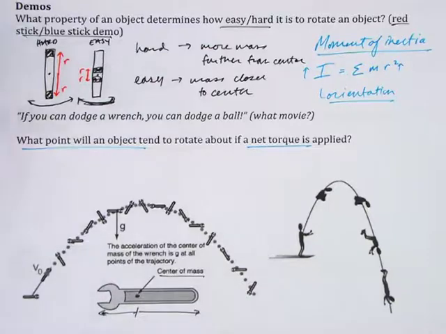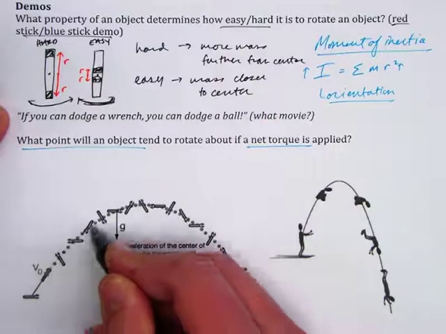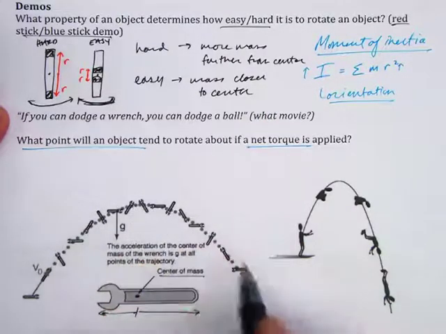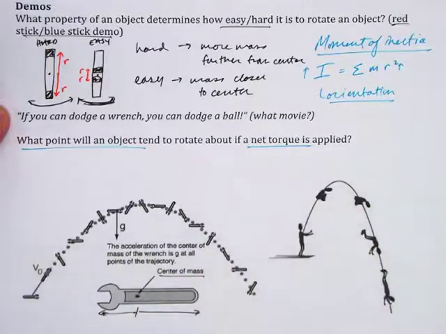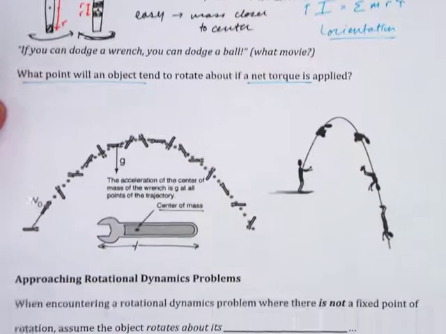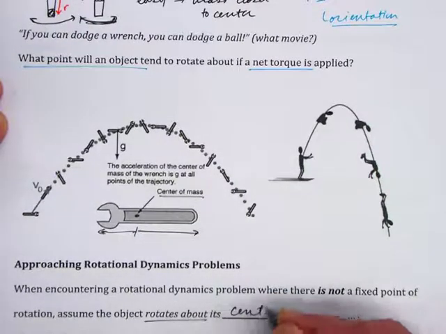And if I were to just spin that wrench, give it a torque while I fired it through the air, what we would see is a couple things. One is that as the wrench rotated, it would rotate about that center of mass. So if I have an object free to rotate, where it is not fixed, that object will tend to rotate about its center of mass.